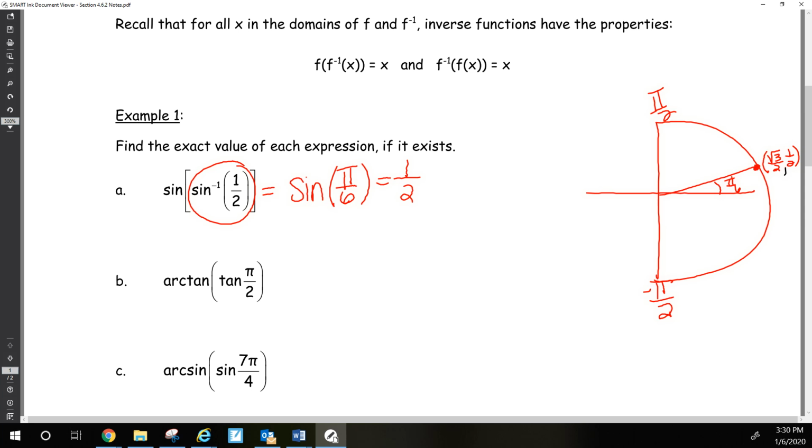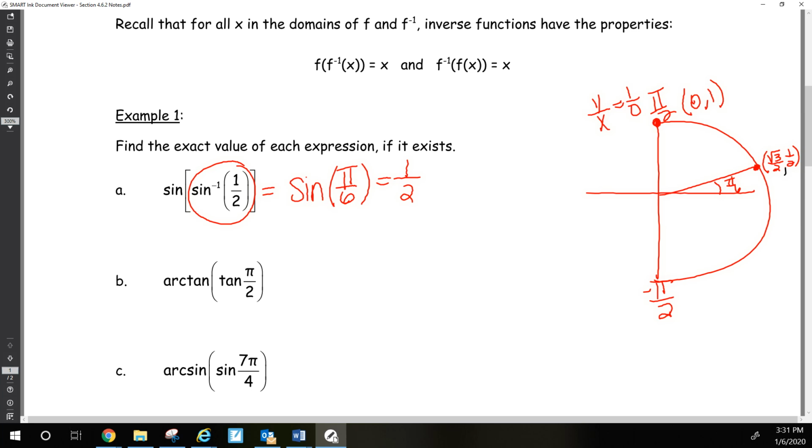All right, B. First, we want to find tangent of pi over 2. So pi over 2 is up here. That point is at 0, 1. So if I want tangent of pi over 2, remember tangent is y over x. Well, in this case, y over x is going to be 1 over 0. What's wrong with that?